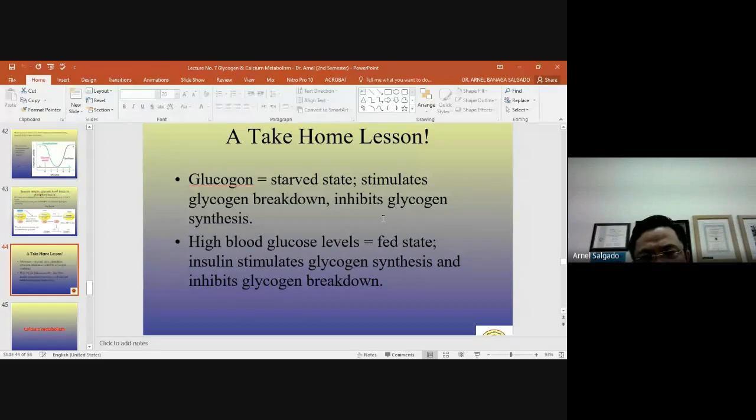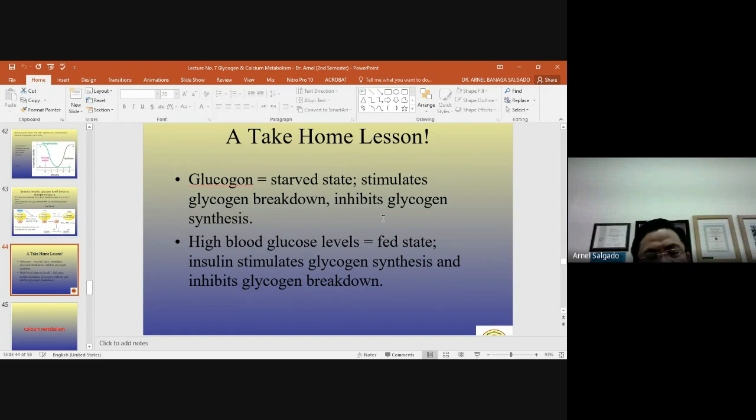One organ fails, the other organ will be affected. Just like what happens when we do glycogen synthesis and glycogenolysis, right? So this will be acted upon by the liver and the pancreas at the same time. So any question about glycogen synthesis?